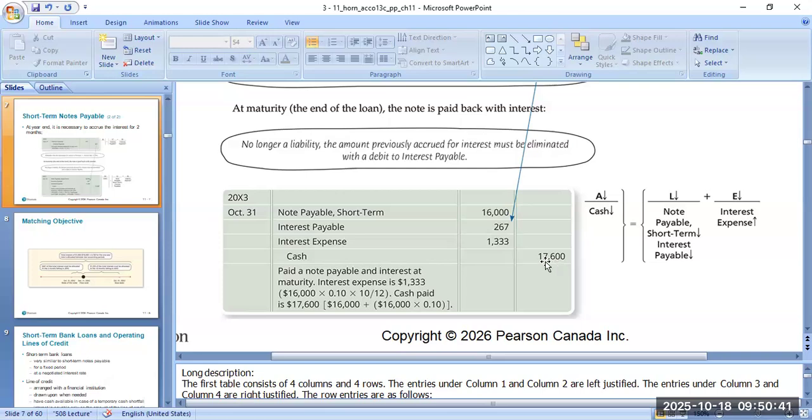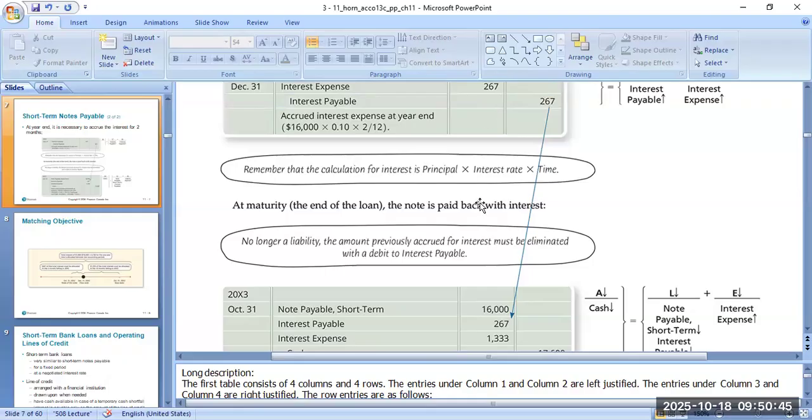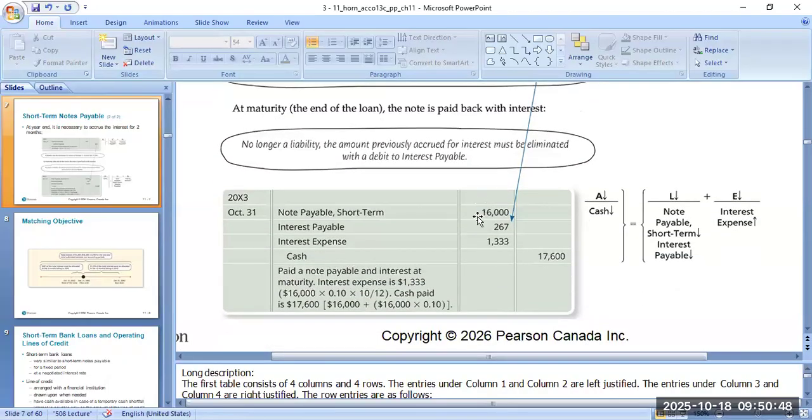So we have to close that interest payable that we created on the year end for $267. But that's not enough because our interest is 1,600. The other portion, from January to October 31st, will be the interest expense for the period of January 1st to October 31st of the year that we're doing the payment. And that will be our entry.